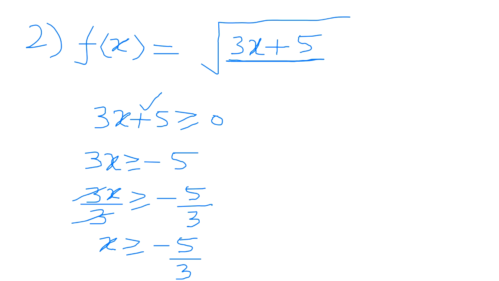So look here, x equal to minus 5 over 3 and x greater than minus 5 over 3. What is the meaning?